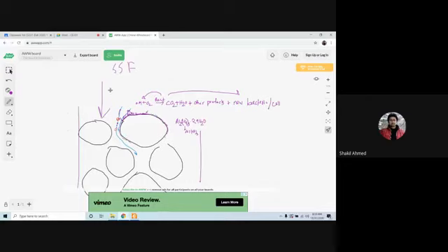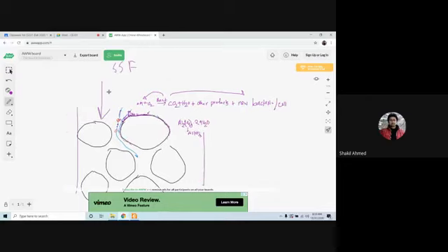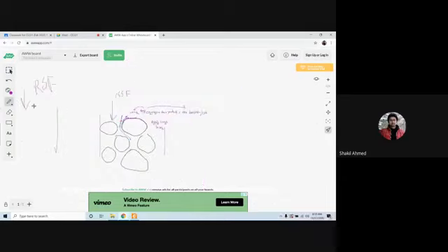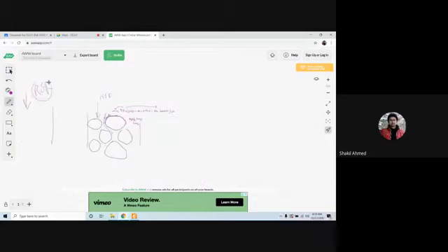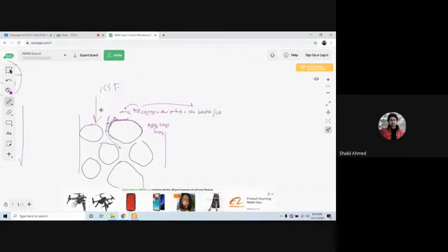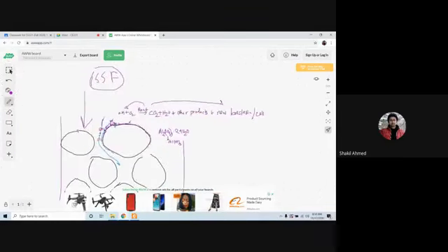Therefore, in rapid sand filter, it's difficult to form the bacteria. In slow sand filter, you can form the bacteria because the water is moving slowly, so bacteria gets enough time to form.